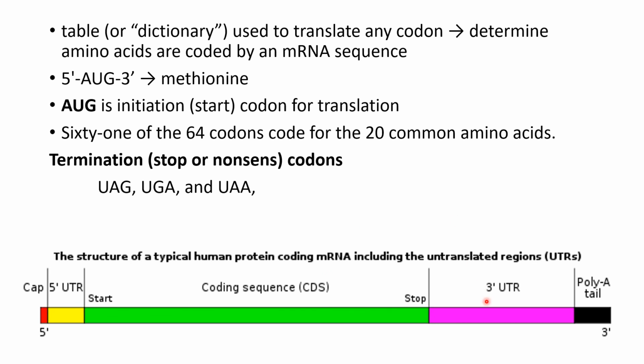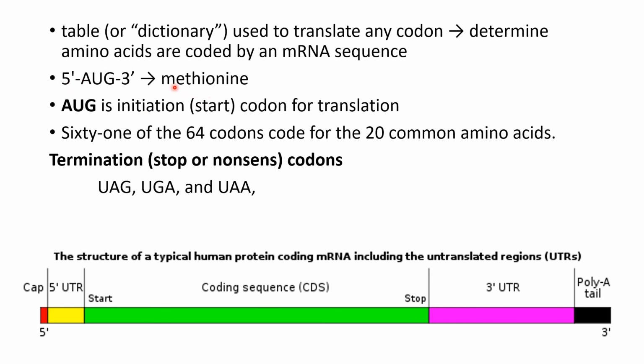There are 64 codons present in our genetic code, and among these 64 codons, one is the initiation codon, AUG, and three are stop codons. AUG is the initiation codon and also codes for methionine.